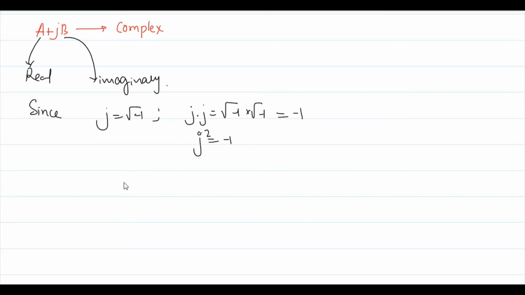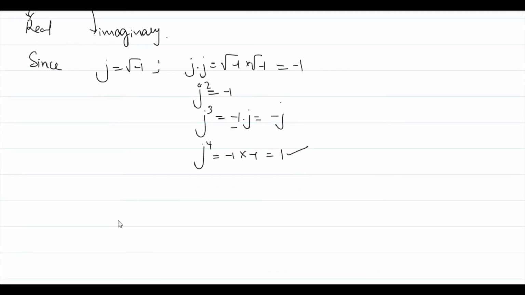Then similarly, if you calculate j cube, you get minus 1 into j, because it's j square into j. So j square is minus 1 into j, which becomes minus j. Then j power 4 is equal to minus 1 into minus 1, because j square into j square becomes 1 only. So you will get only the real part after the fourth power.